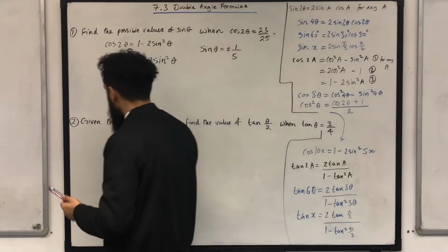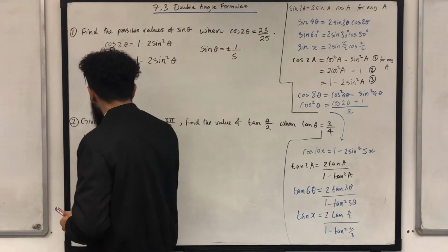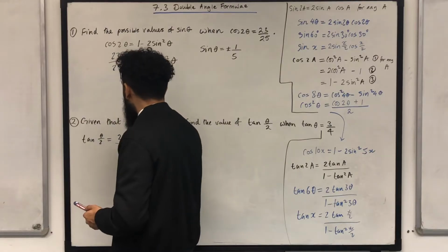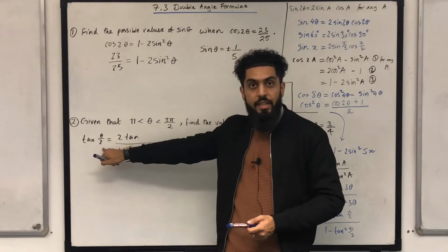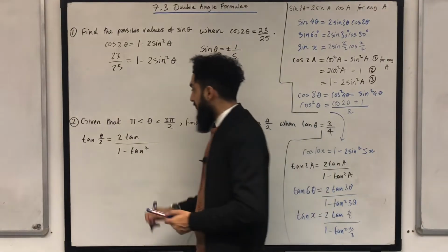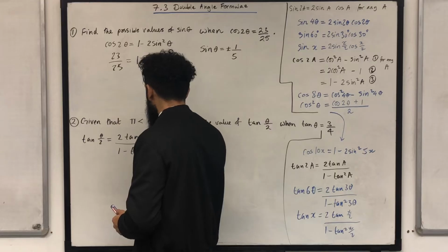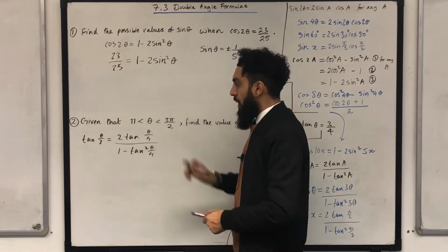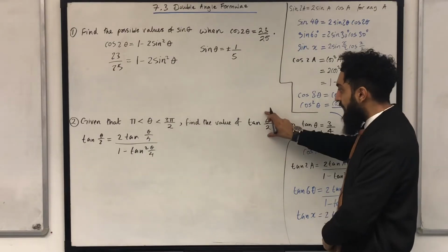So, tan theta over 2 is equivalent to 2 tan over 1 minus tan squared. I take theta over 2, ladies and gents, and I half it. I get theta over 4. Right, I need to work out the value of tan theta over 2.